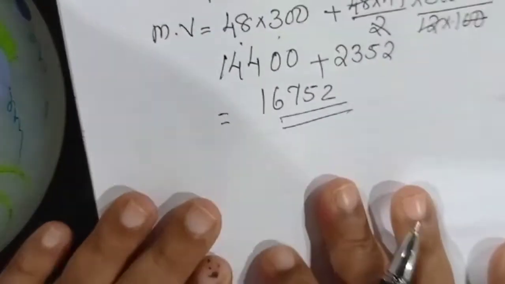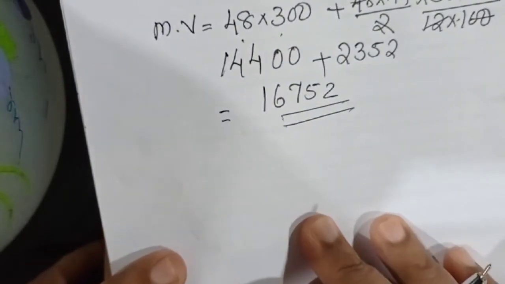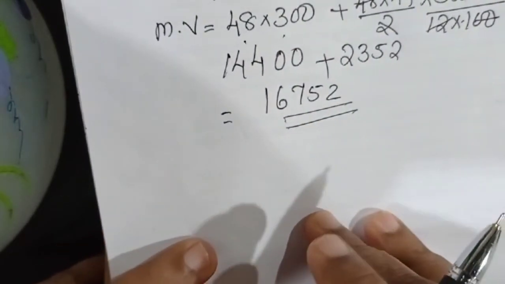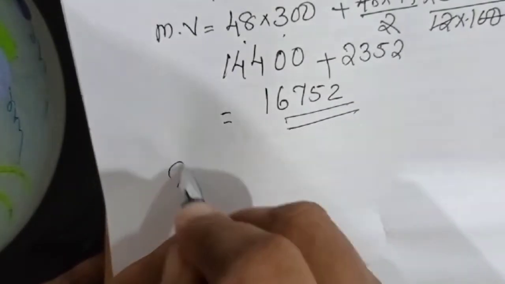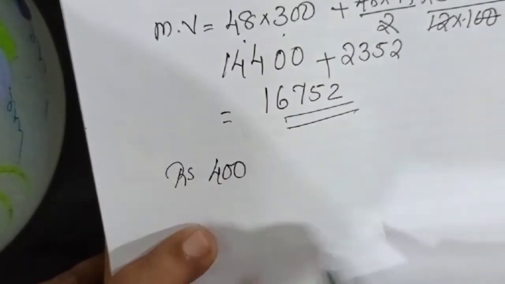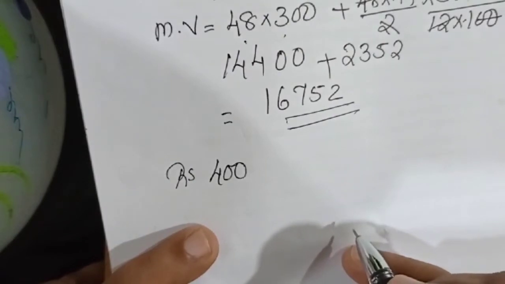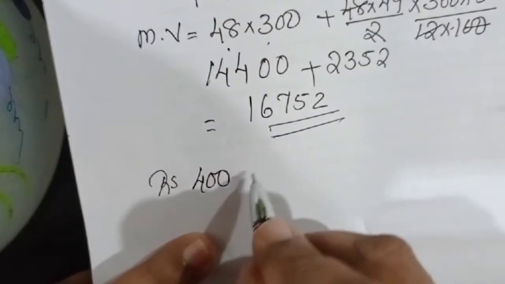Write the next question. Manu deposited rupees 400 for 3 years.